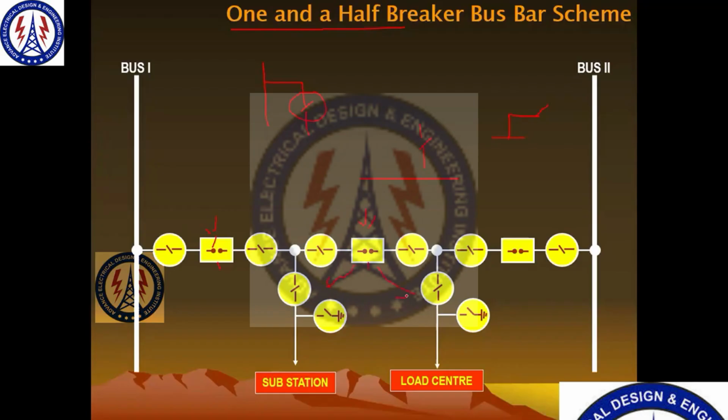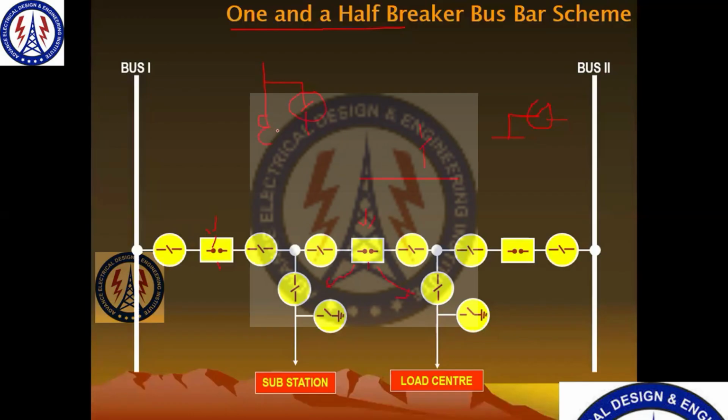and this feeder. So someone can ask, already we have the transfer bus coupler circuit breaker, so why not use that? But that circuit breaker of the transfer bus coupler does not have that particular strategic location, which helps any particular feeder in such a way that we can rate that circuit breaker along with that feeder's circuit breaker.